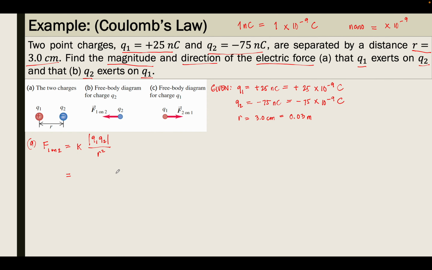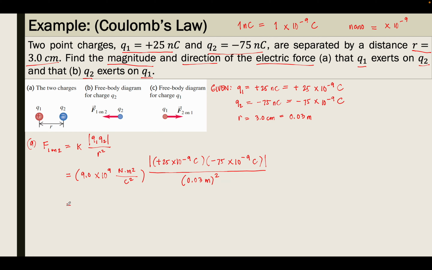We have here 9 times 10 to the power of positive 9 Newton times meter squared over Coulomb squared times the absolute value. Don't forget the absolute value bar. Q1 is positive 25 times 10 to the power of negative 9 Coulomb times our Q2 is negative 75 times 10 to the power of negative 9 Coulomb. Again, the absolute value bar, divided by R squared, or we have 0.03 meter quantity squared.